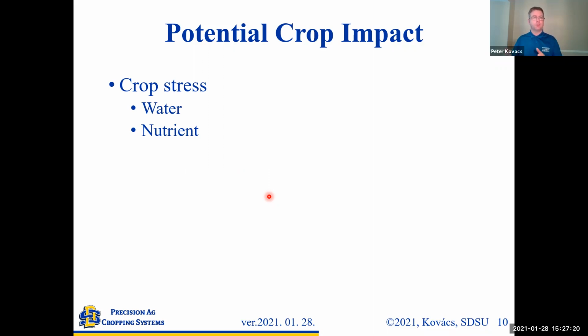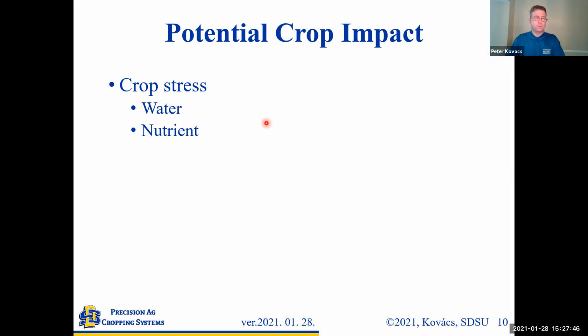So if we have a drier period or dry spell during the growing season, most of the water stress or lack of water will first show up at the higher elevations, and with that, more likely the nutrient will be an issue for those plants as well.